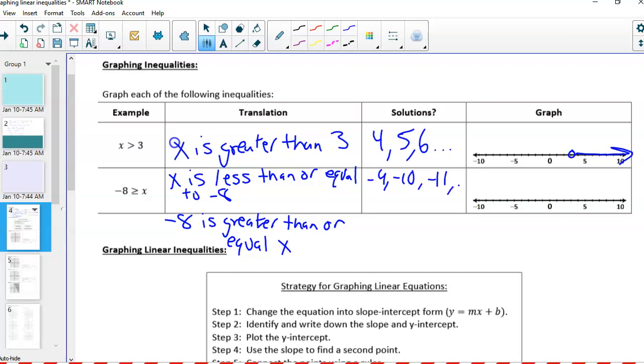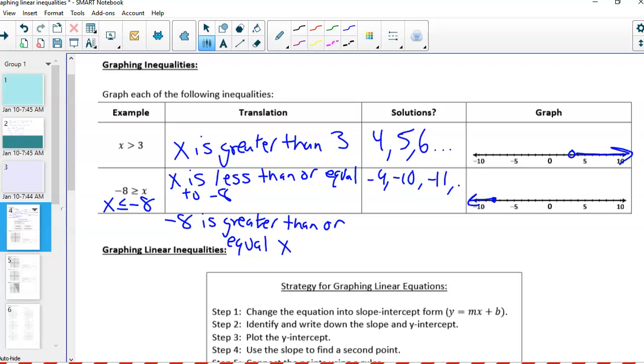So remember, negatives work a little different. Would this be an open or a closed circle? Closed. At -8. And are we going to the right or to the left? To the left. Everything less than or equal to. So you could rewrite this as x is less than or equal to -8, if that helps you.